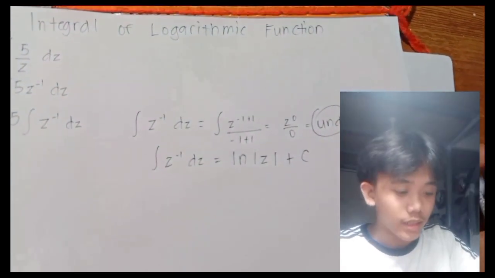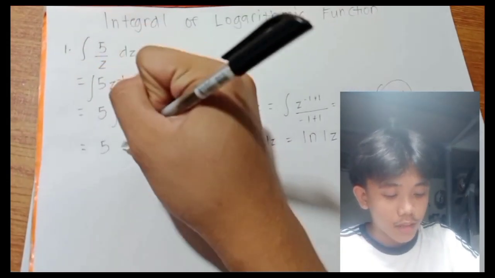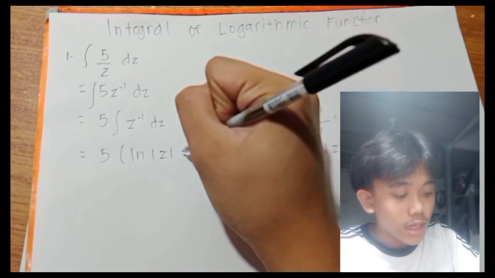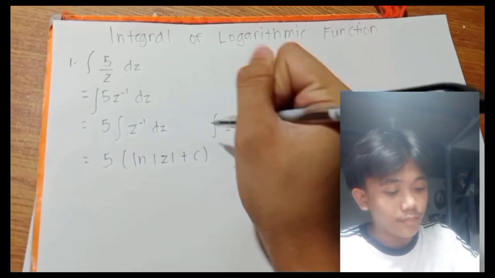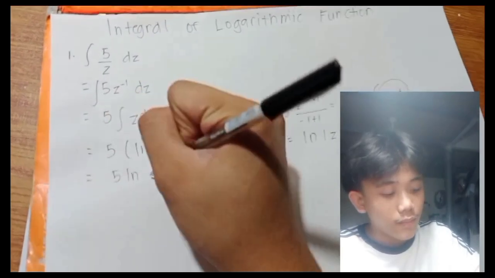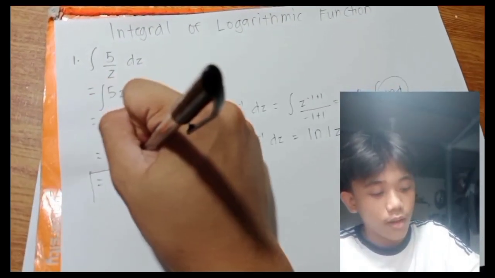So, dito is i-rewrite lang natin sila. So, magiging 5 times integral of z raised to negative 1, which is ln absolute value of z plus c. So, kapag combine na natin sila, magiging 5 ln absolute value of z plus c. So that is our answer.